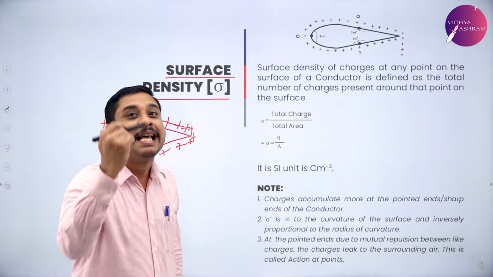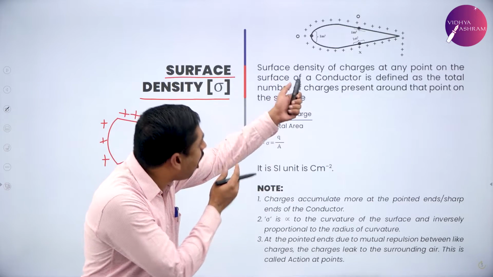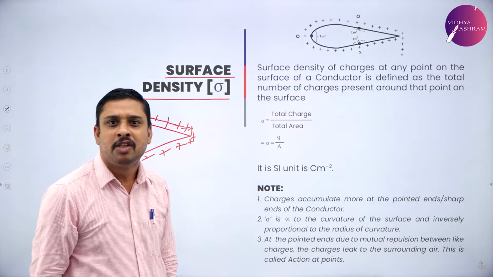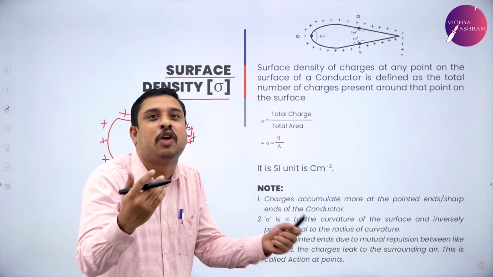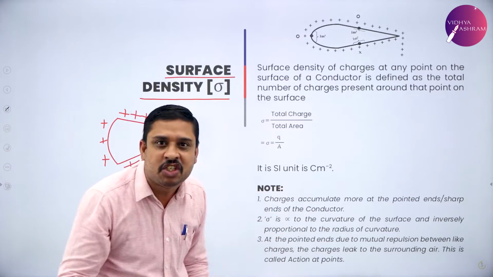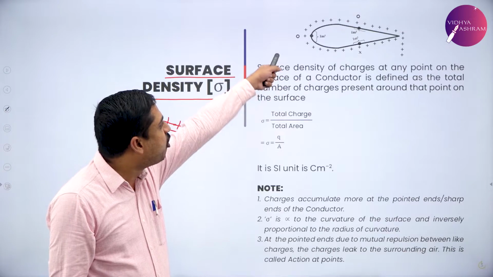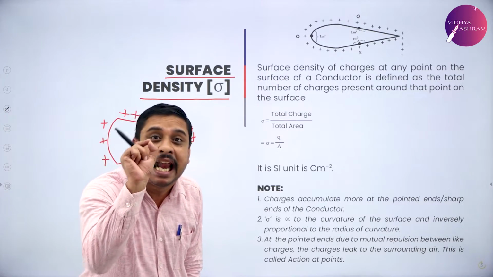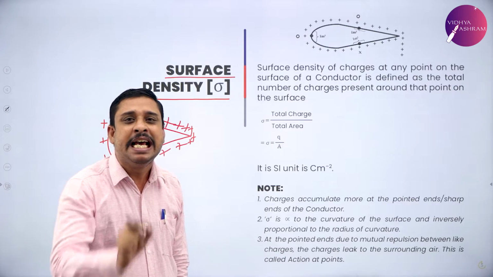So what is the nature of distribution of charges? It is also irregular. So my conductor is not of regular shape. It is irregular in shape, indefinite in shape. Therefore, I call it irregular shaped conductor.